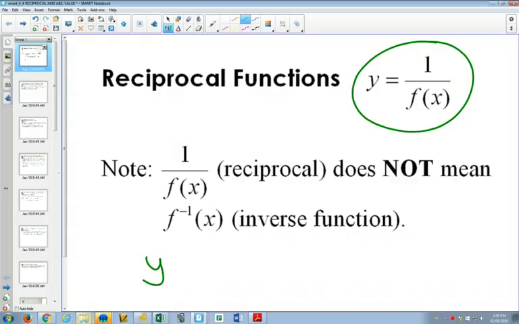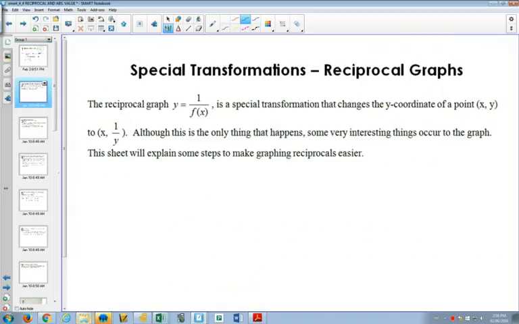So all of your y coordinates change to become 1 over what they were. Your x coordinates don't change. This is right at the beginning. The reciprocal function here, we can go right to here. There you go. All that's changing is that your y coordinate changes to 1 over y.